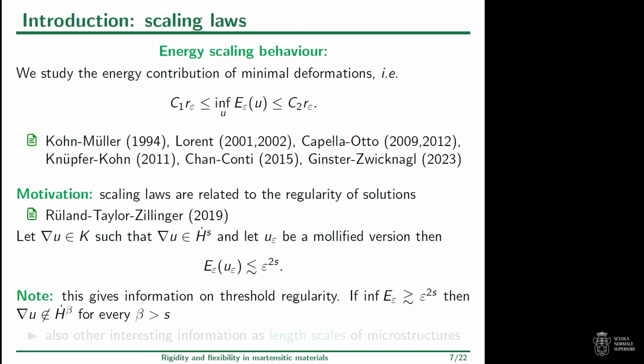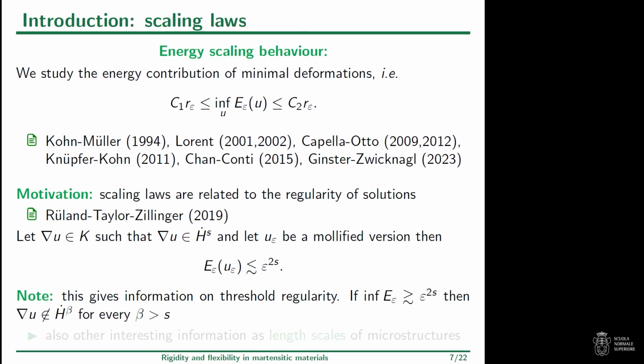You consider E epsilon, a singularly perturbed energy with stress-free states K. If you have solutions to the differential inclusion whose gradient is H^s regular, then you can mollify this solution, plug it into your energy, and this gives you an epsilon^{2s} upper bound. So if you have a solution with some regularity, you get an upper bound.